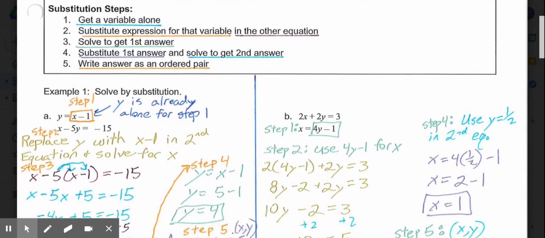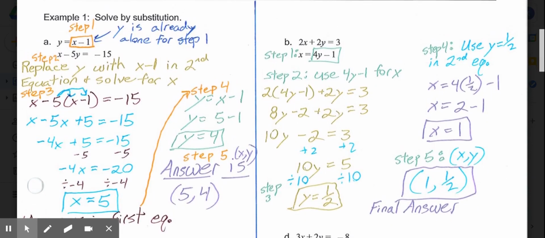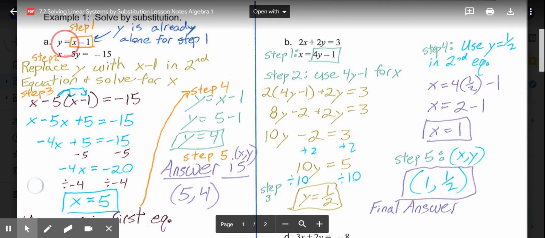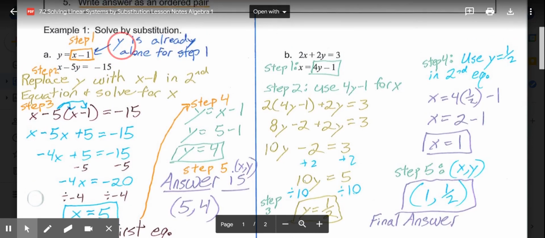So the first thing we want to do, looking at example A here, is realize that we have 2 equations, y equals x minus 1 and x minus 5y equals negative 15. So step 1 is already done for us. Y is already alone, so I know y is equal to x minus 1. So they are the same thing.